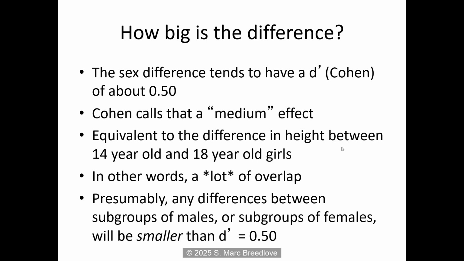What I love about that is you can imagine taking 10 randomly selected 14-year-olds and 18-year-olds and mixing them together. If I ask you to tell who's 14 and who's 18 based on height alone, you'd make lots of mistakes. Sometimes you'd classify a tall 14-year-old as 18 when she isn't.